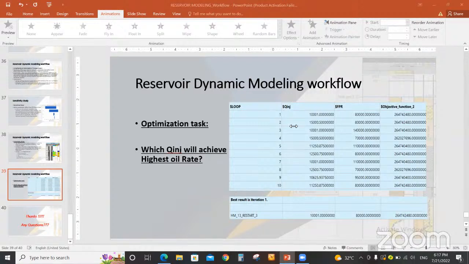For core samples, you should correct the core sample results with regard to pressure and clay content and so on. For example, for porosity, you have a porosity from the well log and a porosity from the core sample.